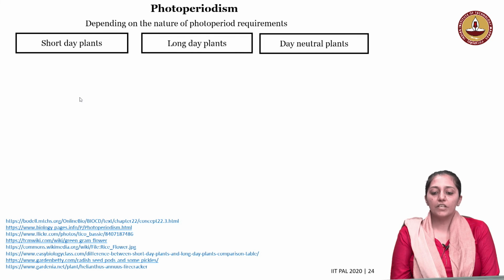Now, depending on the nature of the photoperiod requirements, we can classify the plants into three types: short day plants, long day plants and day neutral plants.